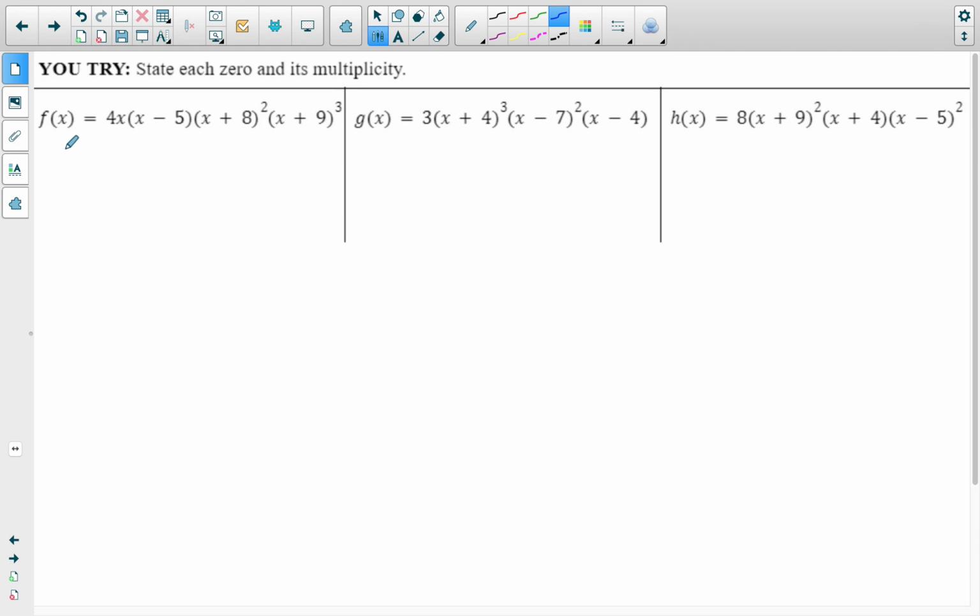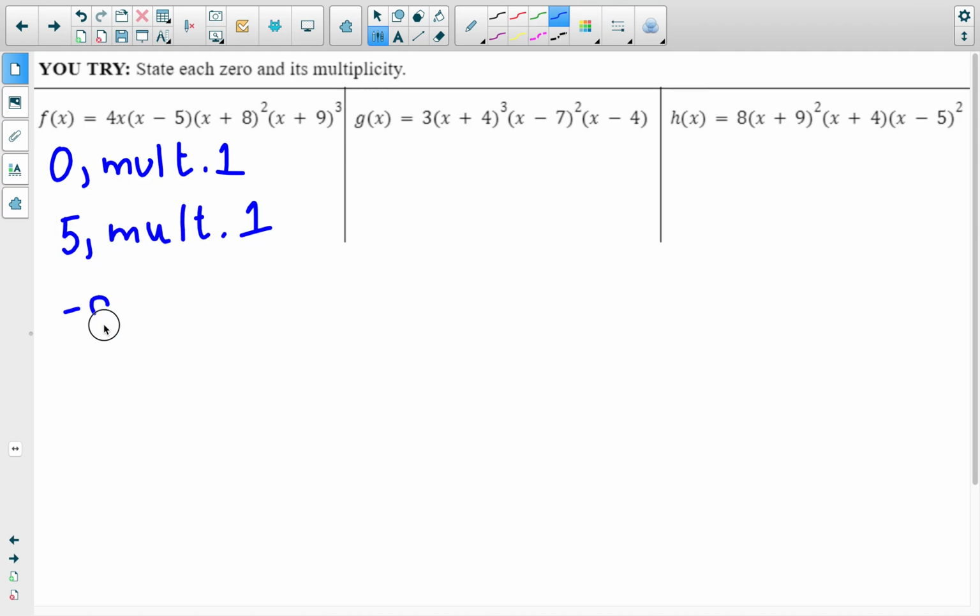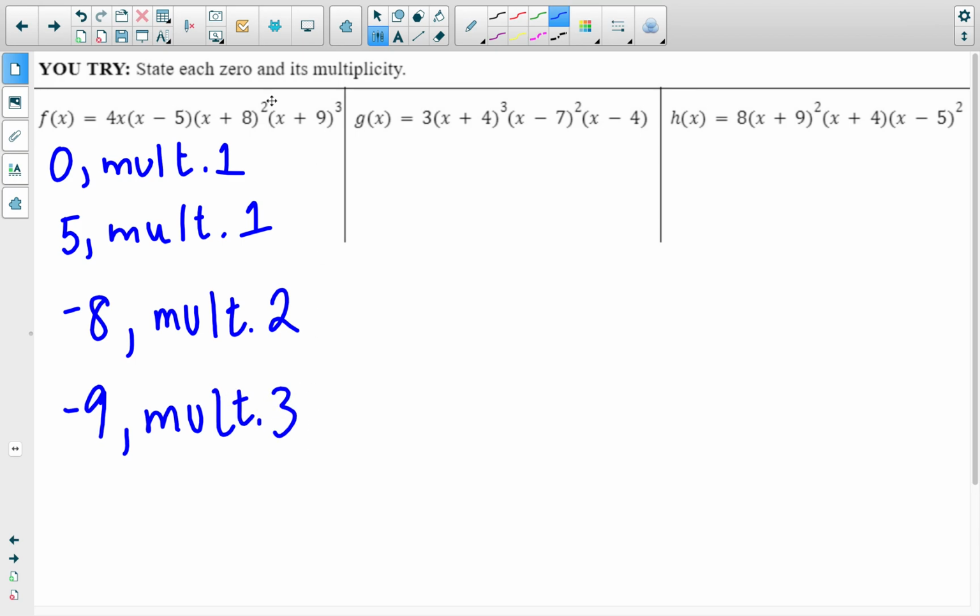All right, here we get x equals 0, multiplicity 1; 5, multiplicity 1; negative 8, multiplicity 2; negative 9, multiplicity 3. Reading off those, visualizing in my mind, if I set them equal to 0, what would happen? Super easy to do when we're in factored form. Here, this 3 we do not have to worry about.